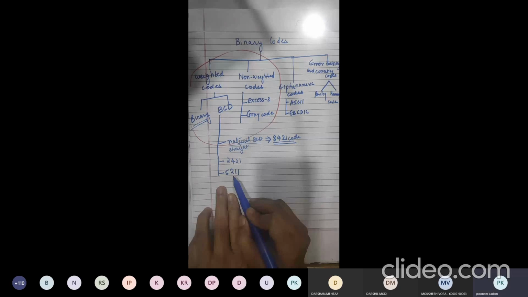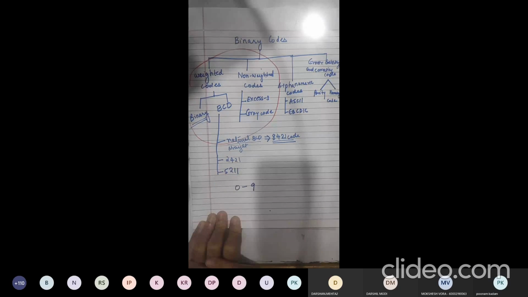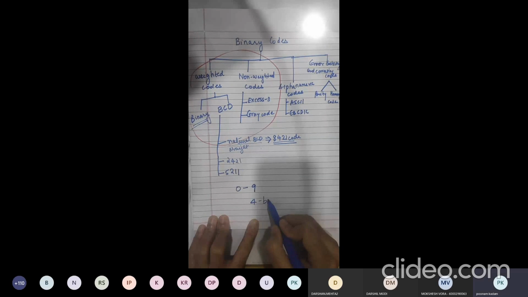Now, how many bits will be required to represent numbers from 0 to 9? You require at least 4 bits, right? We know that if you have 3 bits, how many numbers can be represented? 2 raised to 3, which is equal to 8. So you can represent only 8 numbers, right?